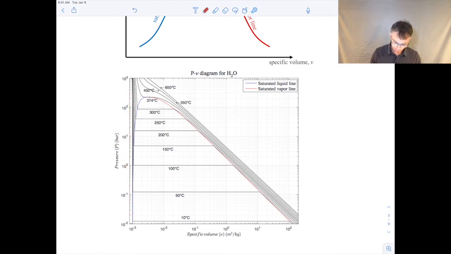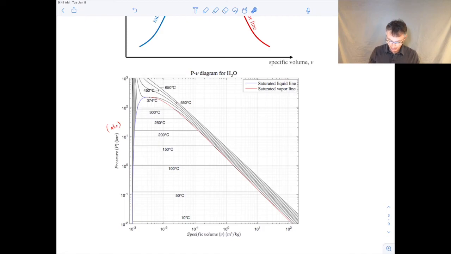This is an absolute pressure here. In a lot of these tables and plots that I'll be showing, it doesn't distinguish whether it's a gauge pressure or an absolute pressure, but they're all absolute pressures. So just keep in mind that that's an absolute pressure. And then on this axis, we have specific volume in cubic meters per kilogram. One thing to notice is that this is a log axis, and that's a log axis.